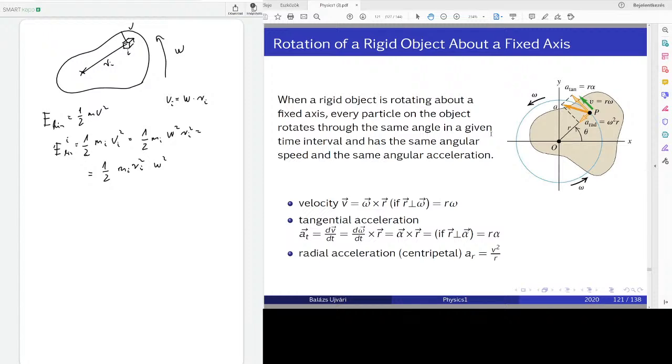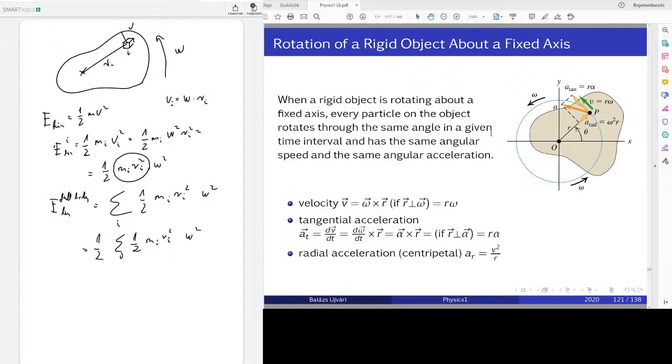So as for translation, we don't have to worry about the shape of the body. It's only the mass we have to use, but in circular motion it's not that easy. If you want to calculate the kinetic energy of the full body, you should simply add the kinetic energy of these parts, which is 1 over 2 sum of m_i r_i squared omega squared, and this is the moment of inertia.